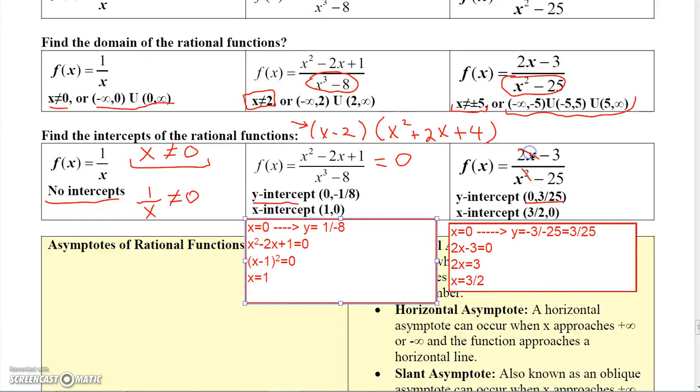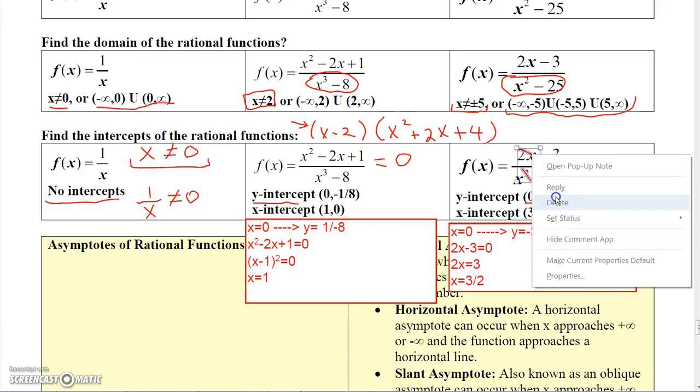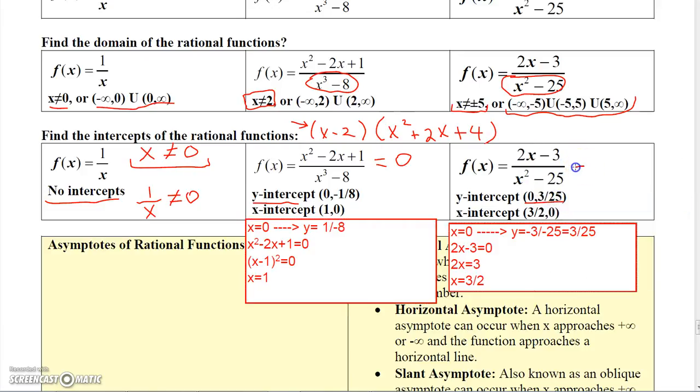Now if you want the x-intercepts, again you set this equal to 0, and again the only way it can equal 0 is if the numerator is 0. So if you set the numerator equal to 0 and then solve for that, you get x equals 3/2. So the x-intercept here is 3/2, 0.